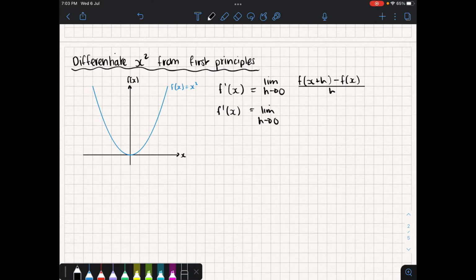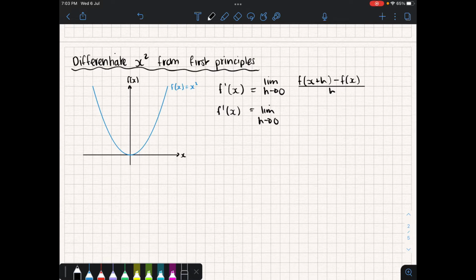If we don't write this limit as h approaches 0, then we're not looking for the gradient function. Then we are looking at two distinct points that are separated from each other, and that is not the gradient of a single point. And so we'll keep this limit as h approaches 0 until we are finally able to assess this limit. Now we can't put 0 into this equation at the moment, because if we do, we'll have 0 on the denominator and that would not be valid.